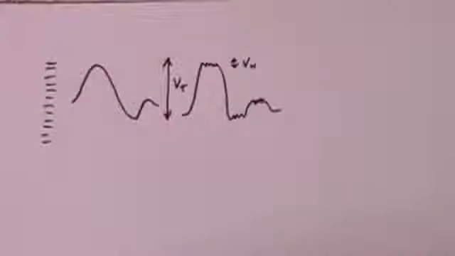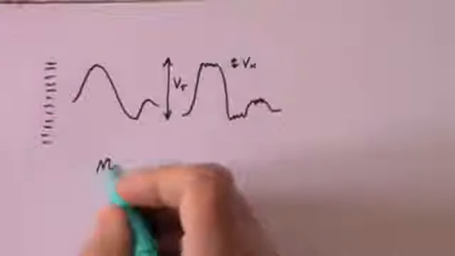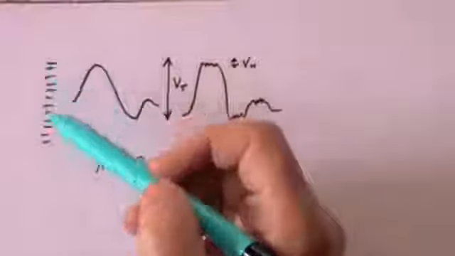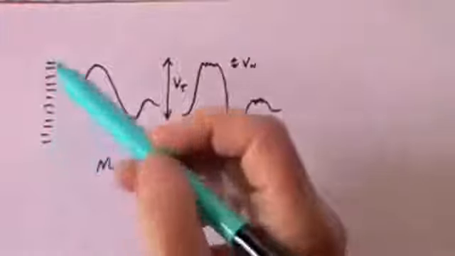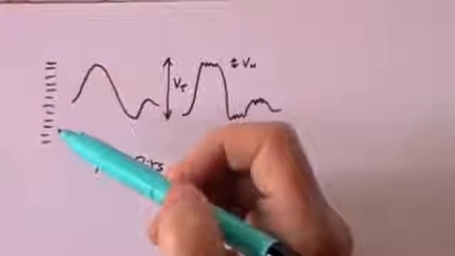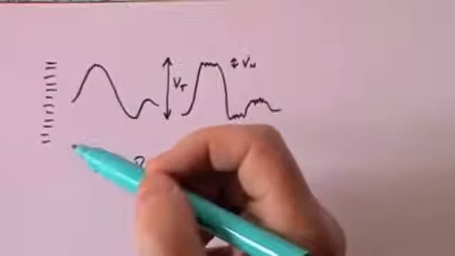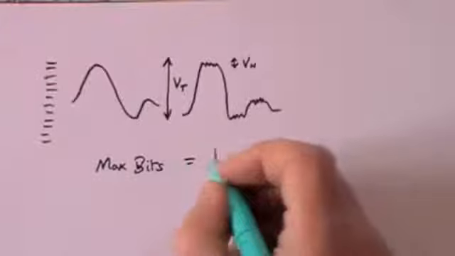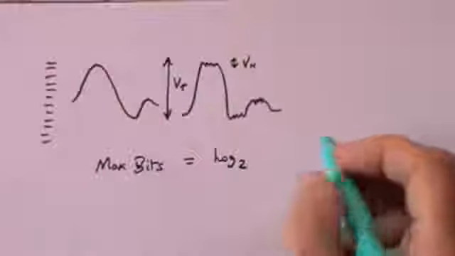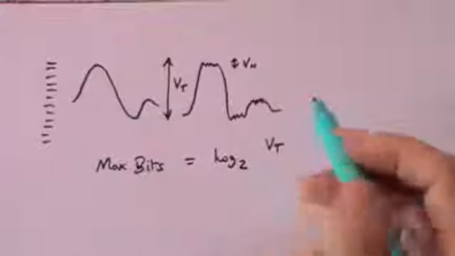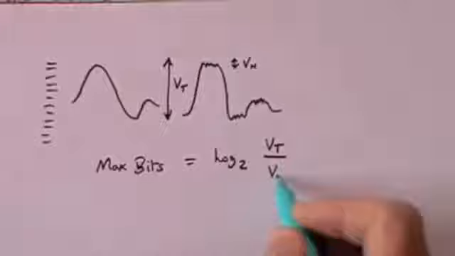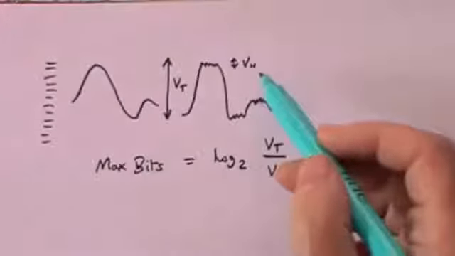And there is a formula which has been developed by the digital recording experts, which is that the maximum number of bits that you need, that is, to record this number of gradations, it turns out it comes out to about 16, so you can get the 65,000 different alternatives, the number of bits you need is log to the base 2 of the total variation of the voltage divided by the variation according to the noise.